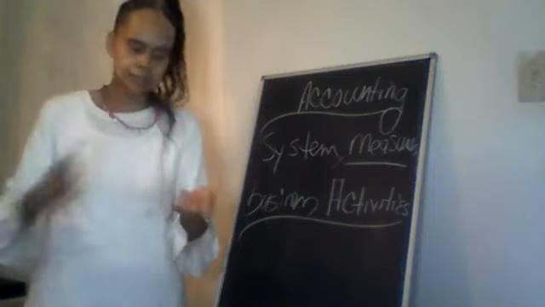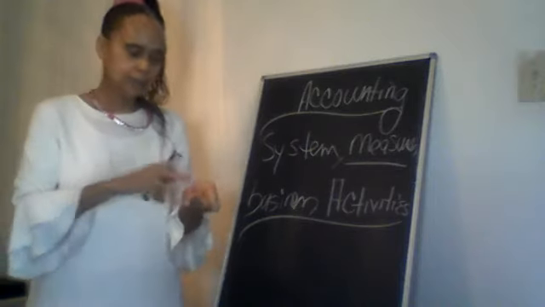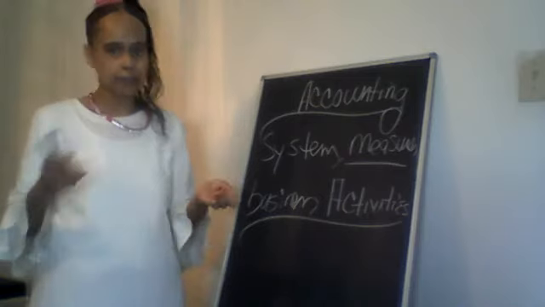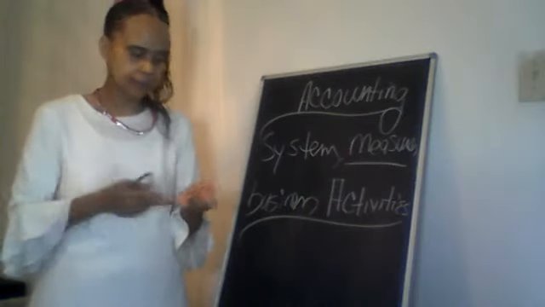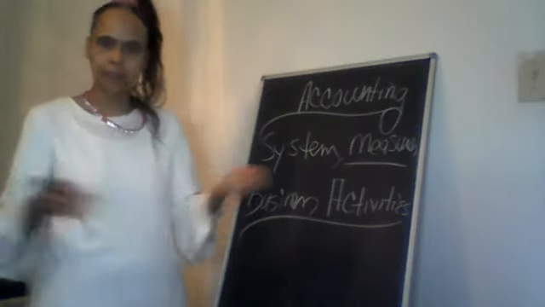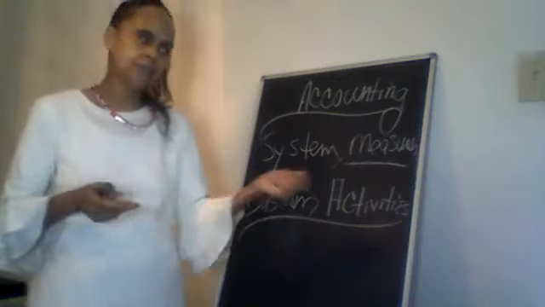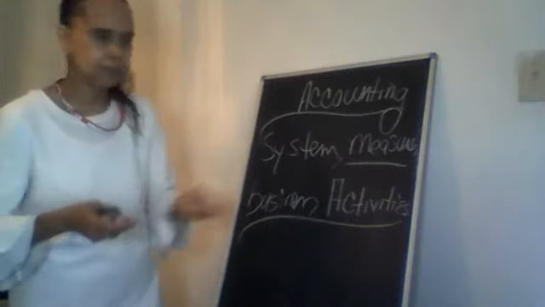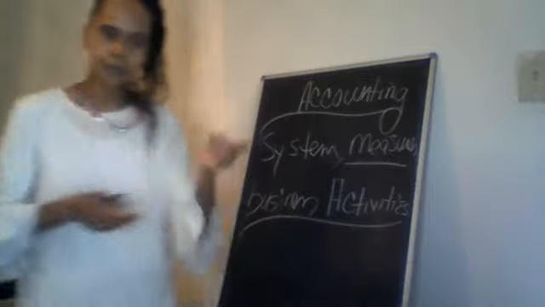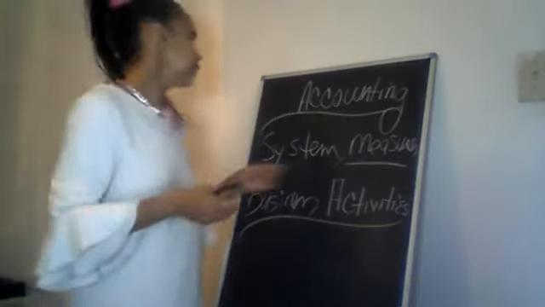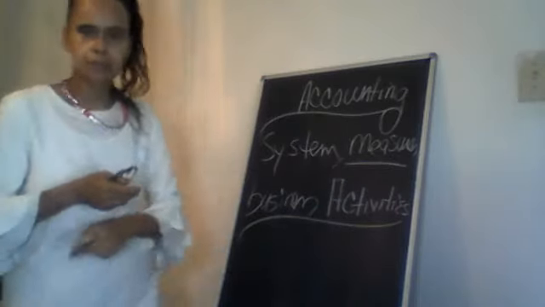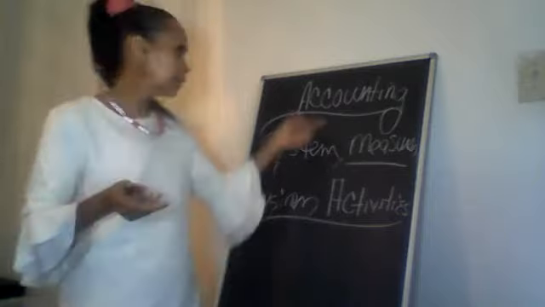You have land accounts, building accounts, accounts receivable accounts. So for instance, if you want to buy some land or buy a building, all those are considered asset accounts.